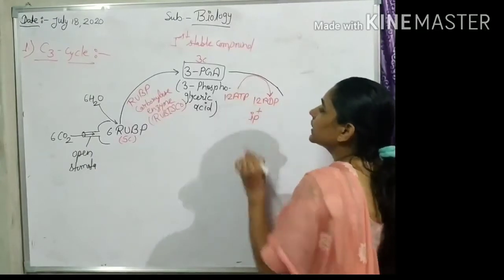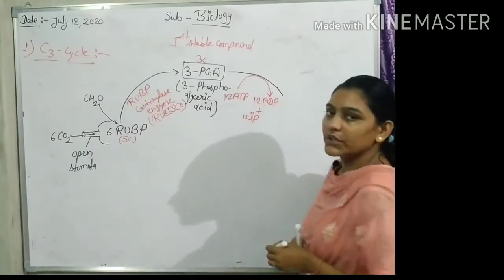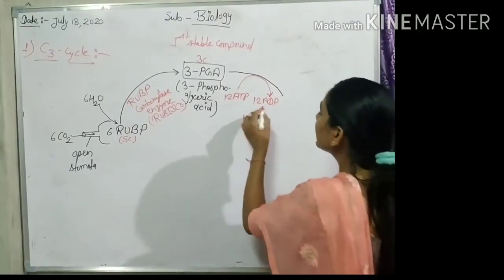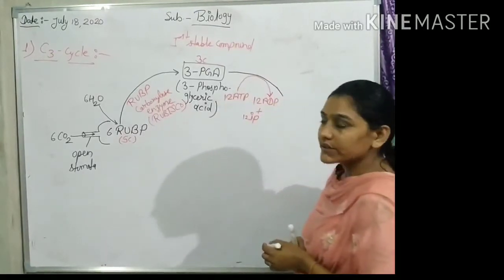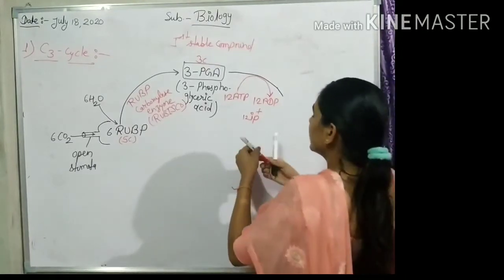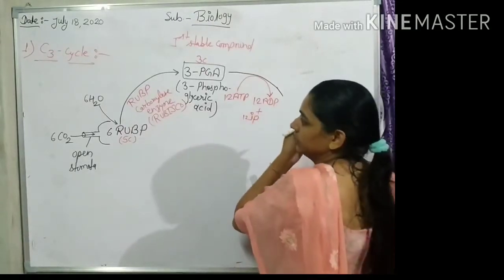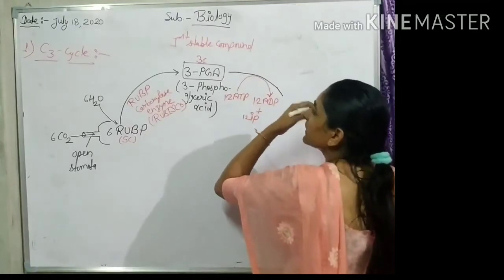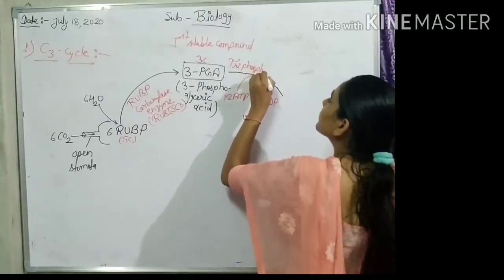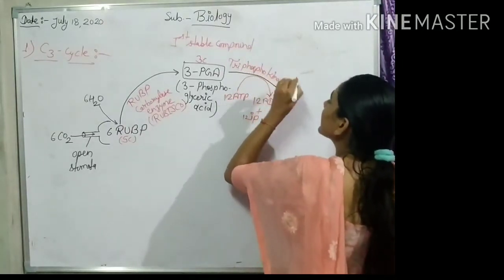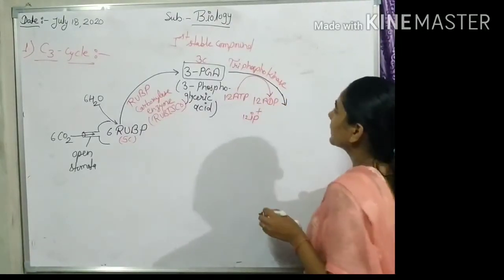Due to breakdown of ATP molecules, 12 ADP and 12 inorganic phosphate are formed, released from ATP. These ATP are obtained from the light reaction, and this reaction occurs in the presence of triose phosphokinase enzyme.